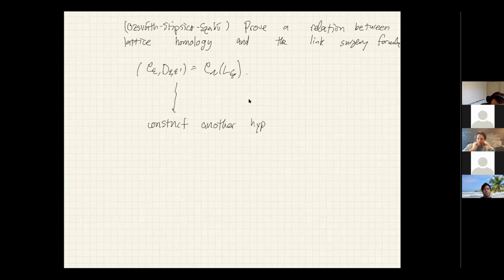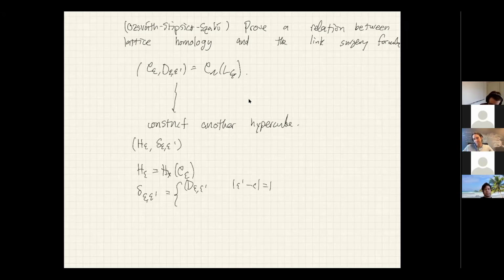I'll call it H_ε, δ_ε,ε', where H_ε is equal to the homology of C_ε, and δ_ε,ε' is equal to the induced map for the length 1 maps. It's the map induced on homology by the length 1 maps, or 0 if ε' minus ε is greater than 1.